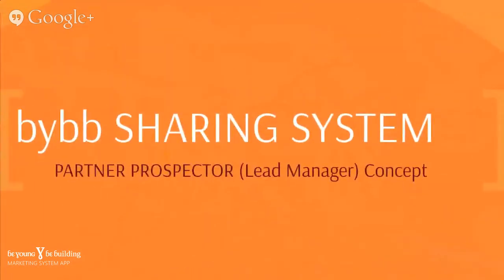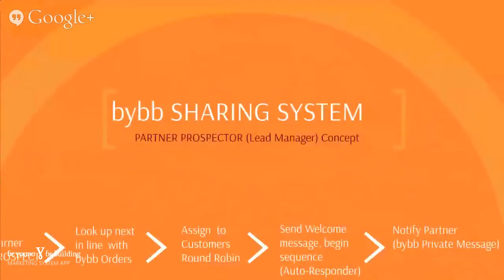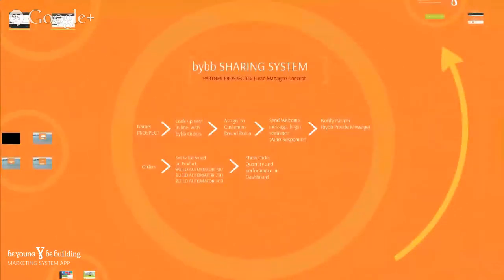So the sharing system, lead manager concept from a high-level perspective is, we're going out there and garnering the prospects. That's going to be, again, assigned on a round-robin basis. We're sending them the welcome message, and then we begin the sequence, and then we're notifying you, the customer. And then when the orders come in for the different build automators, that controls the burst time, or how many prospects are assigned when they're at the front of the queue.